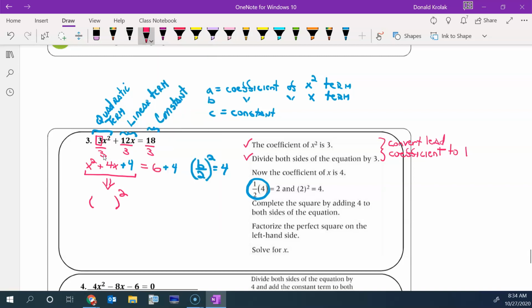So x, and then what multiplies together to be 4 and adds together to be 4: 2. So when it says factorize the perfect square trinomial, that's this guy right here.